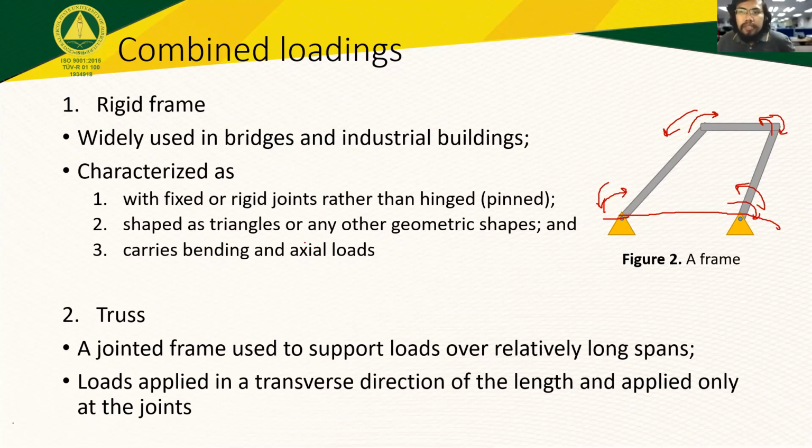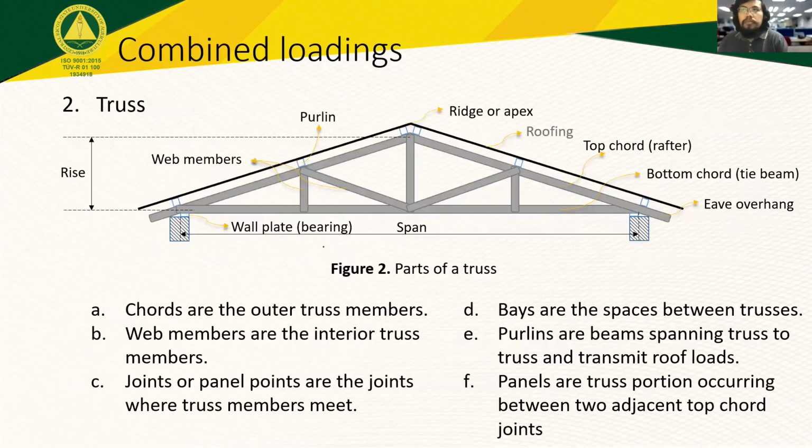The truss is used to support loads over relatively long spans, and the loads are applied in the transverse direction of the length and applied only at the joints. We'll focus more on this discussion because the truss is the supporting structure of a building in other farm structures.